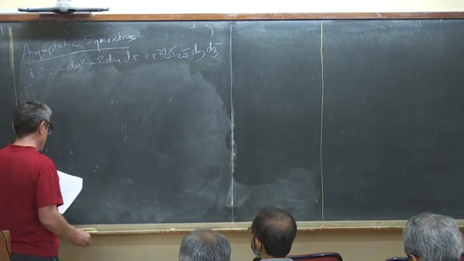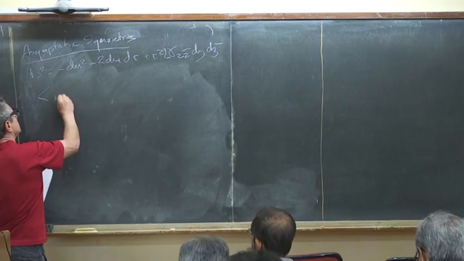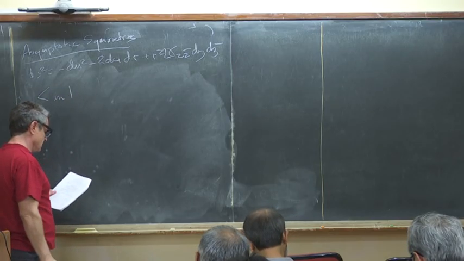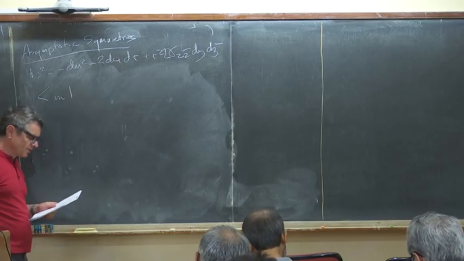Okay, so now we have a Ward identity. The Ward identity says that this charge commutes with the Hamiltonian.